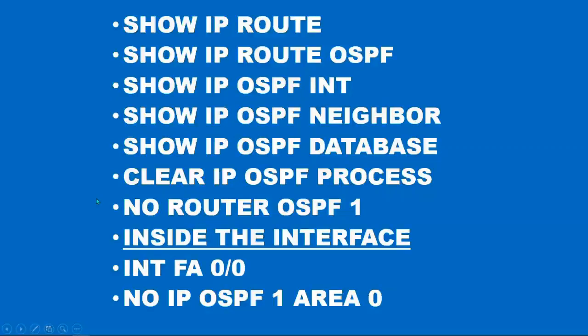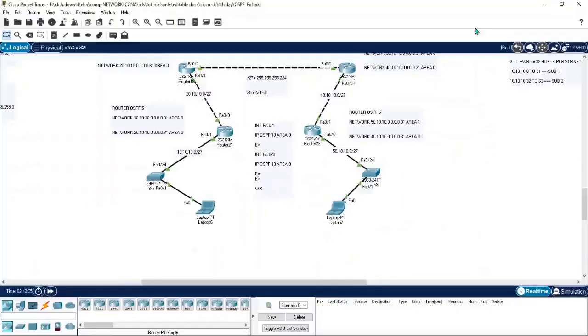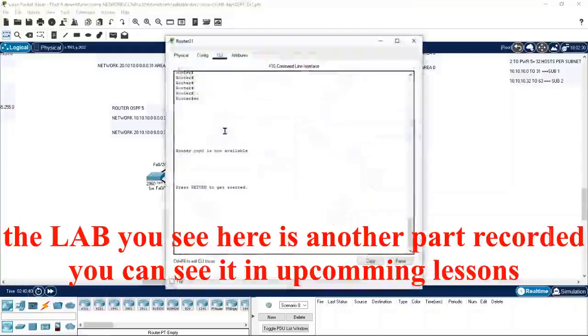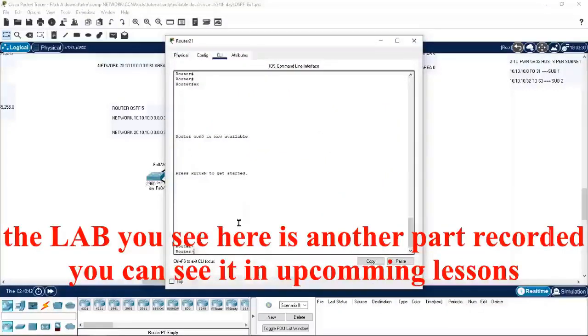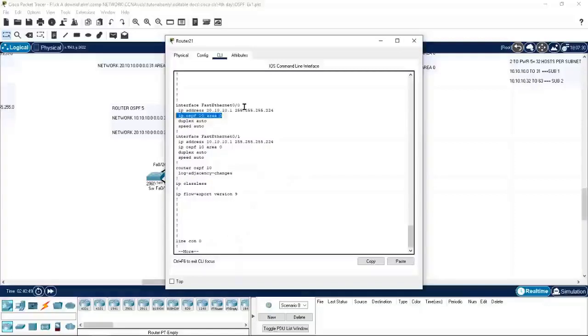Okay, now to demonstrate no router ospf 1, I can use Packet Tracer. Here we have configured OSPF already. If you want to check, just enter inside Packet Tracer, enable, show run. You can see OSPF is there inside the interface, and router ospf 10 has been configured.